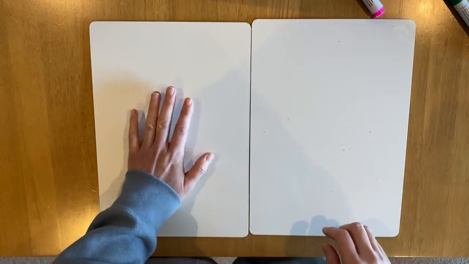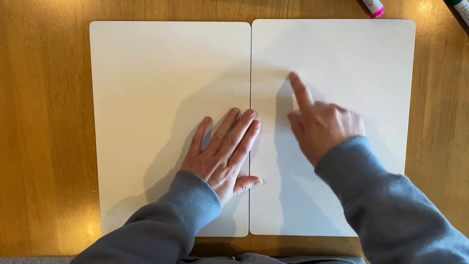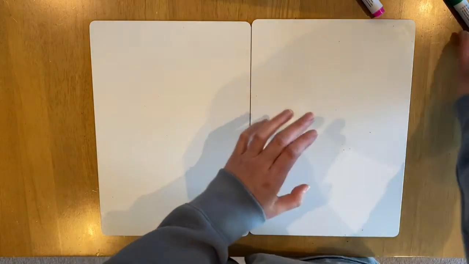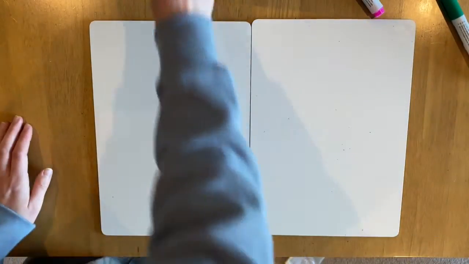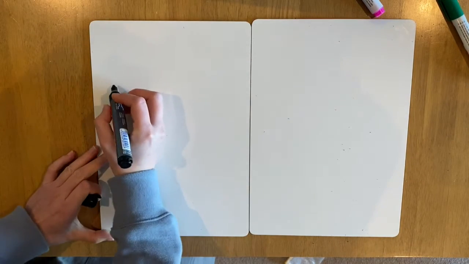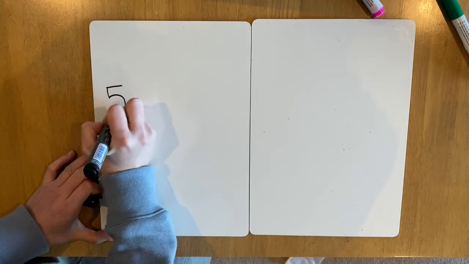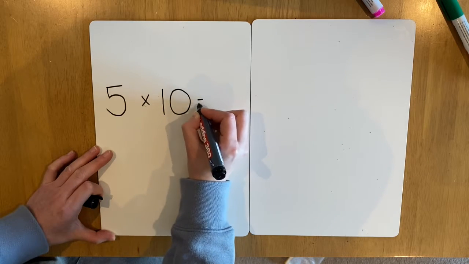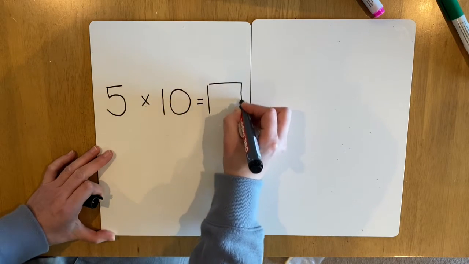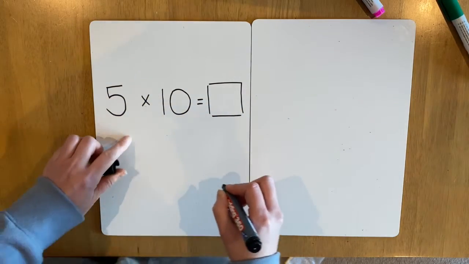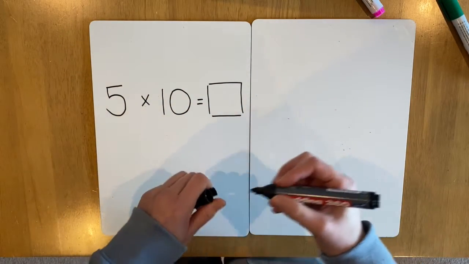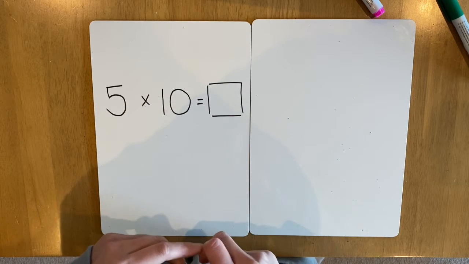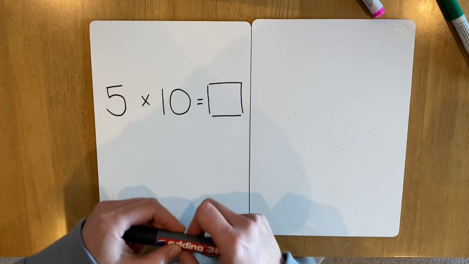Okay, so the number sentence is going to go here, and then the objects or the drawing will go on this side. So the number sentence I want you to do is 5 groups of 10 equals something. You need 5 groups of 10. You might not have that many things. If you don't have that many things, you can draw pictures.